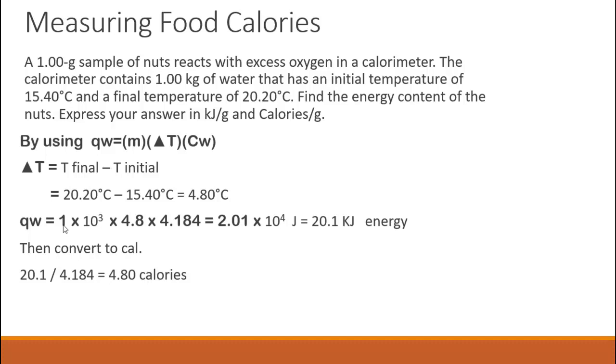So we'll divide the amount of energy by 4.184. So 20.1 divided by 4.184 will equal 4.8 calories per gram. So now we can measure the amount of calories in our food.